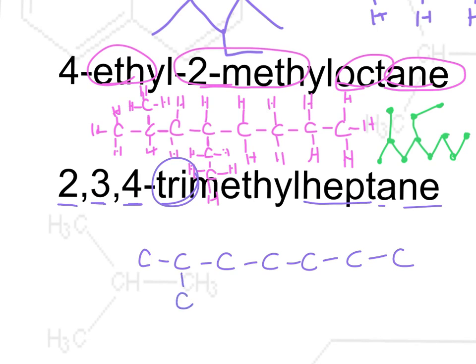Find carbon number 3, which is right here, put a methyl group. Carbon number 4, put a methyl group. So again, I have heptane, a chain of 7 carbons, and then I have 3 methyl groups, 1 on carbon number 2, 1 on carbon number 3, 1 on carbon number 4. Lastly, I just put in hydrogens to give each carbon its 4 bonds.